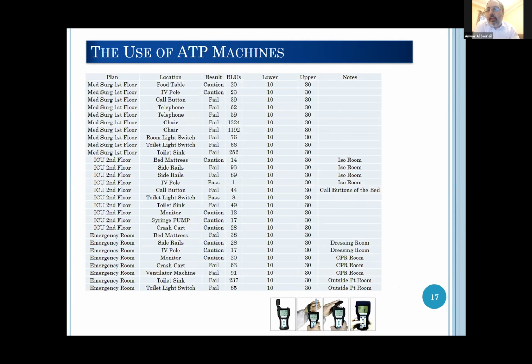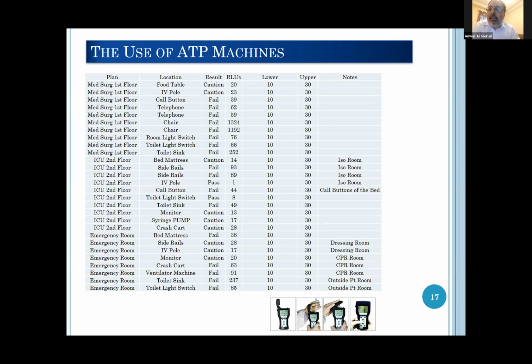Okay, these ATP machines. Infection control was entering every patient room, and just checked if it's cleaned or not cleaned, as a visual audit. When using a machine such as the ATP machine, you use a swab, you swab a surface, and you put the swab in the machine, you activate it, and in 15 seconds it will give you a result.